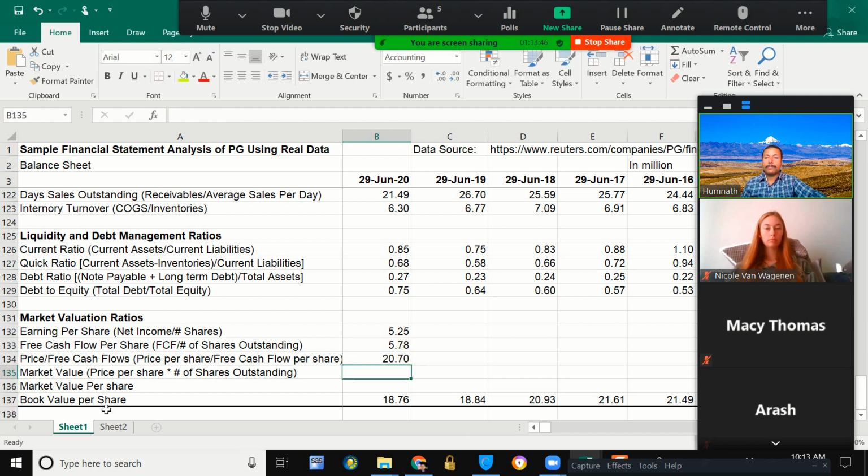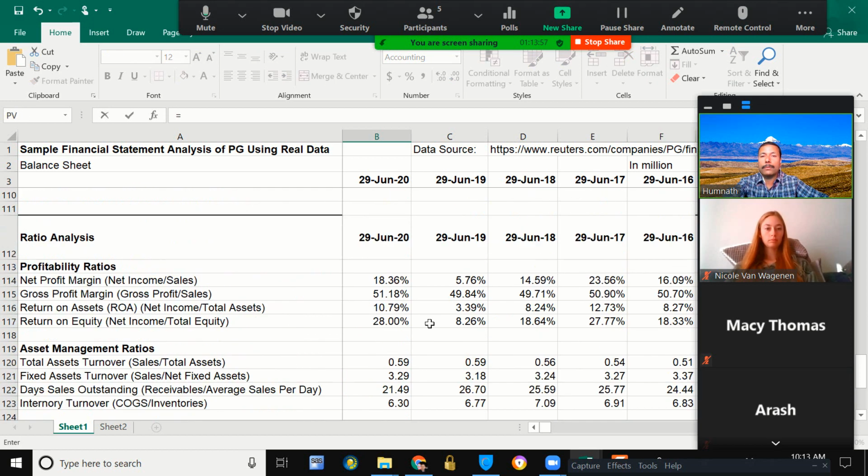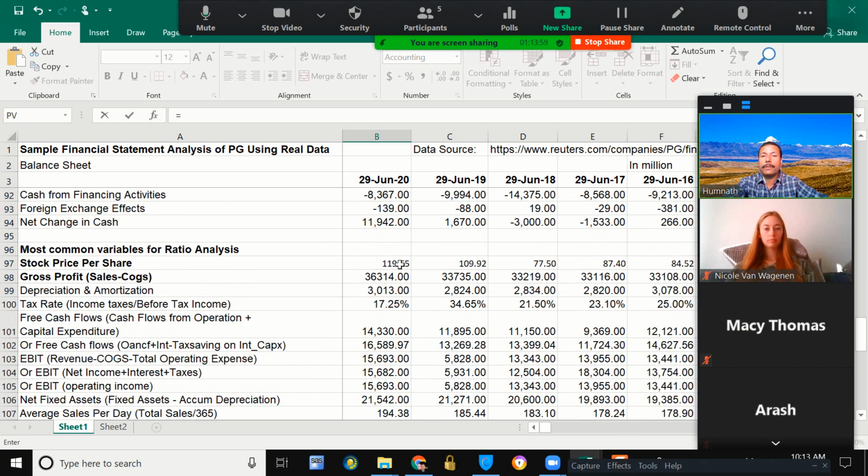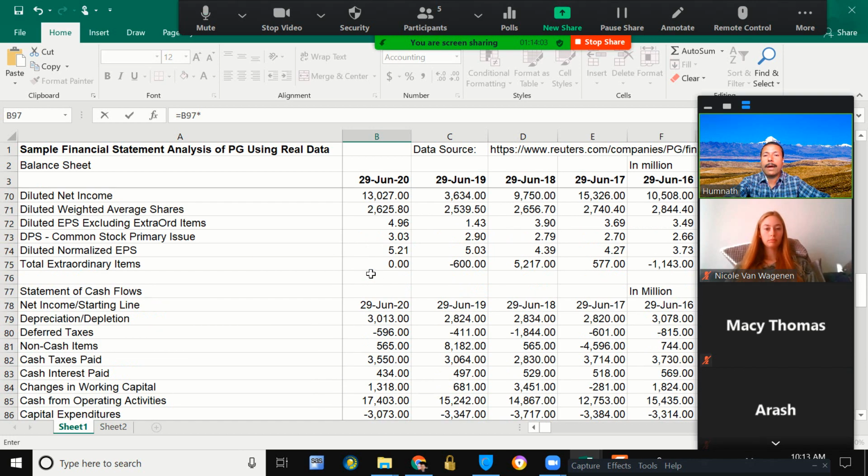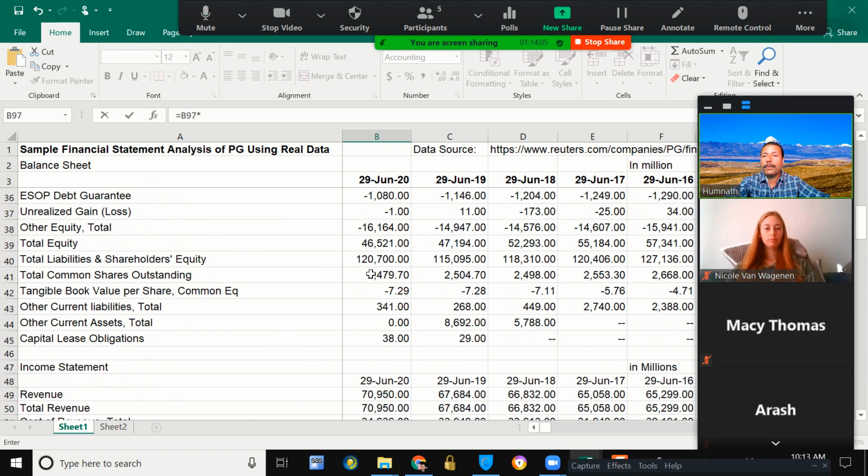Here you go. Market value is actually price per share times number of shares outstanding. So price per share is this one, and then number of shares outstanding is up here in this balance sheet.